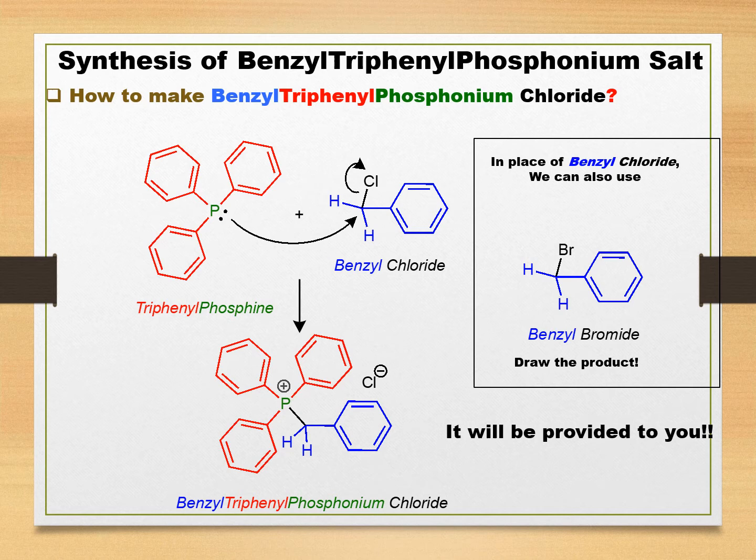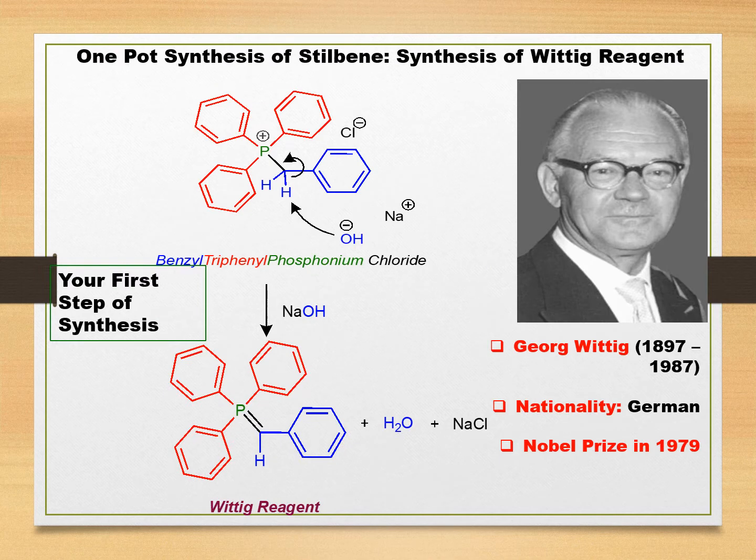You can simply substitute chlorine by bromine. So at the end of the reaction, we get the important reagent benzyl triphenyl phosphonium chloride.